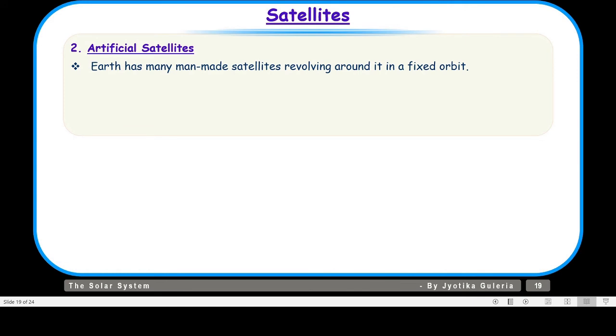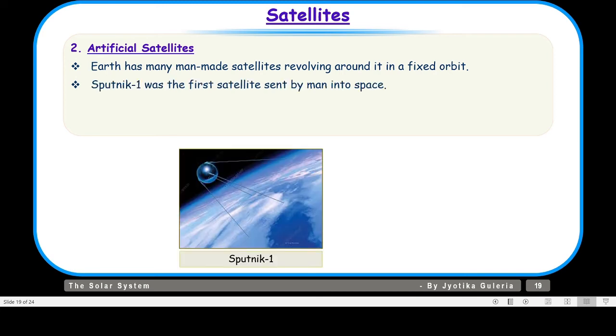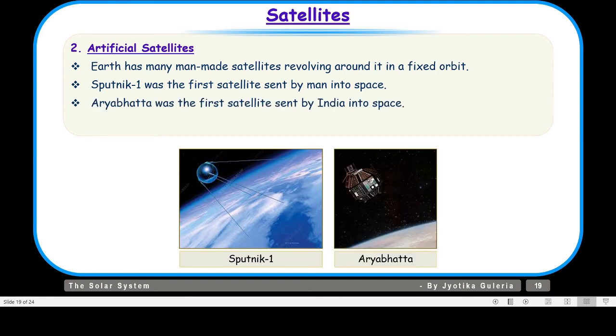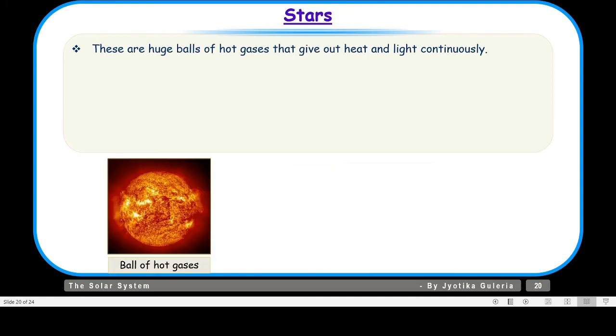Earth has many man-made satellites revolving around it in a fixed orbit. Sputnik 1 was the first satellite sent by man into space, and Aryabhata was the first satellite sent by India into space, in the year 1975.